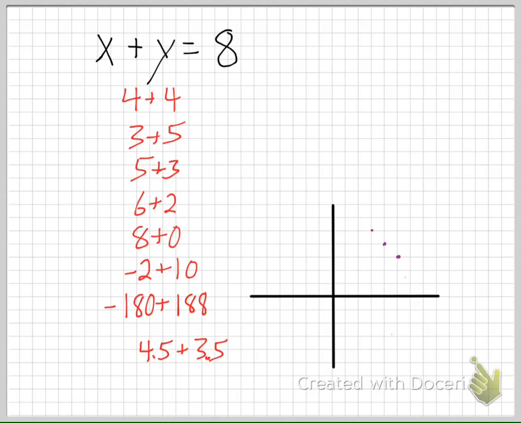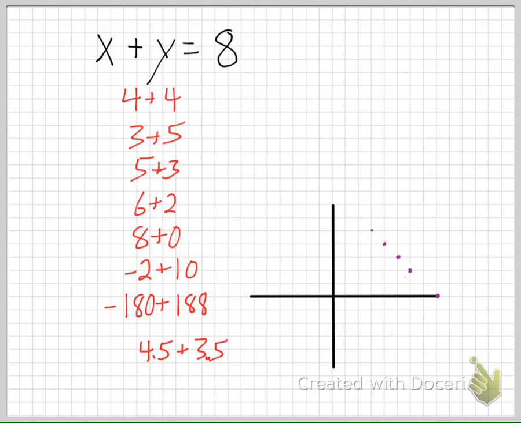All right, and then we have 8, 0. So I go to the right 1, 2, 3, 4, 5, 6, 7, 8, and up or down 0. Yeah, I'm just picking a few of them. All right, you've got 6, 2. That's there.